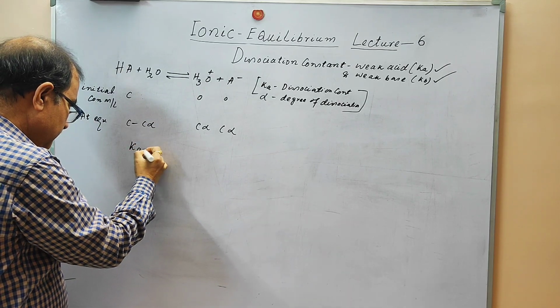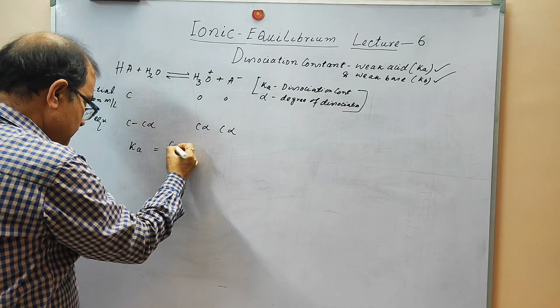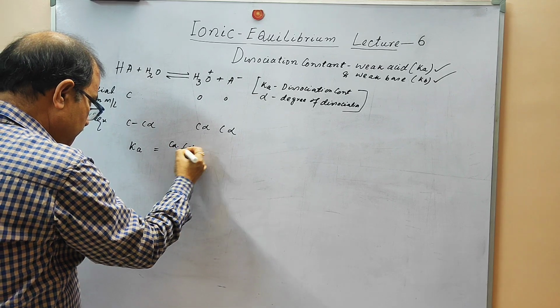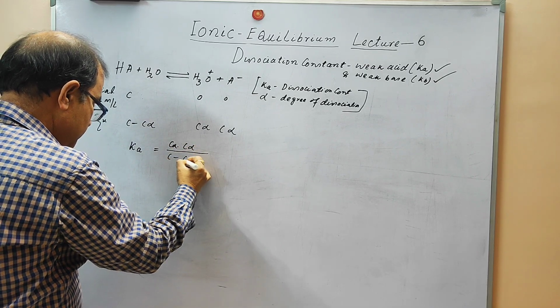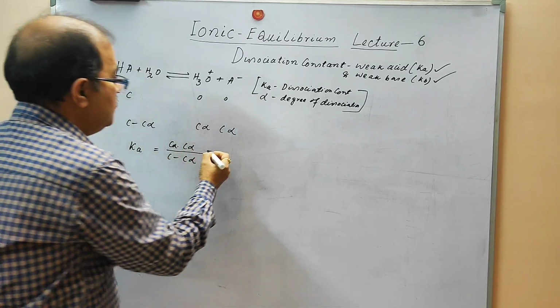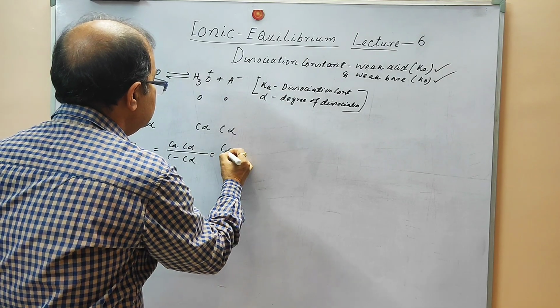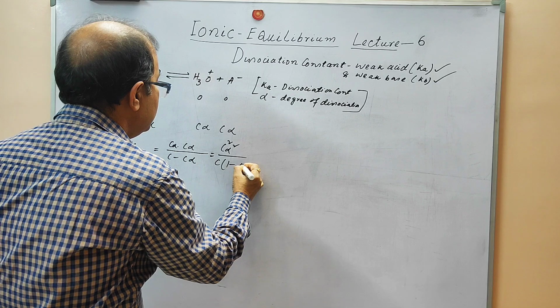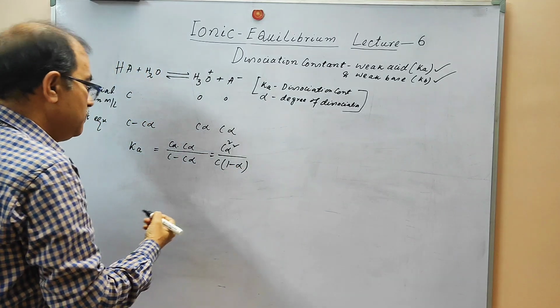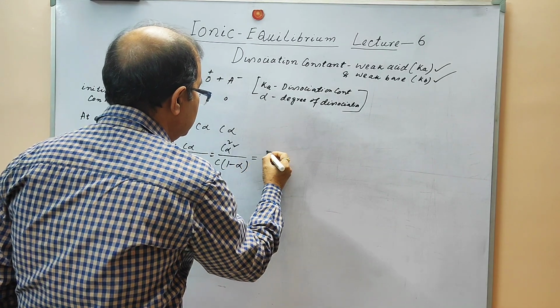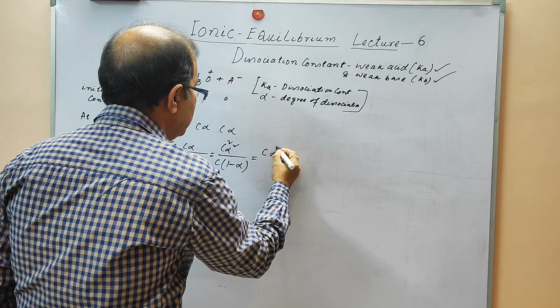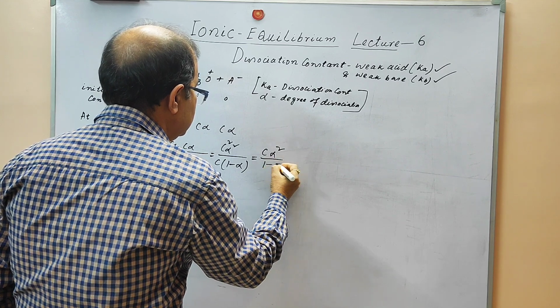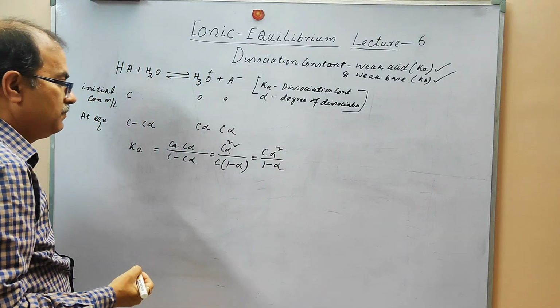So we get Ka equals C alpha into C alpha over C into 1 minus alpha, that is C alpha square over 1 minus alpha.